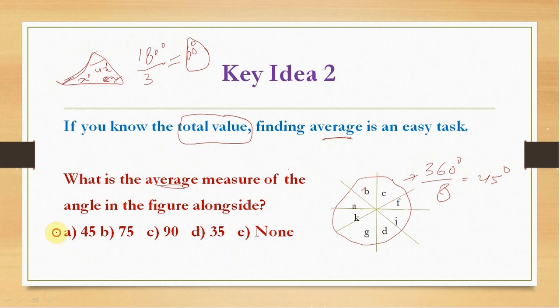So our correct option is 45 in this case. Even if the angles are given here as different numbers, they have been given just to kill our time in the exam. We have to simply calculate the average in terms of numbers, and we know that the total is 360. So we divide it by 8 and our answer comes out.